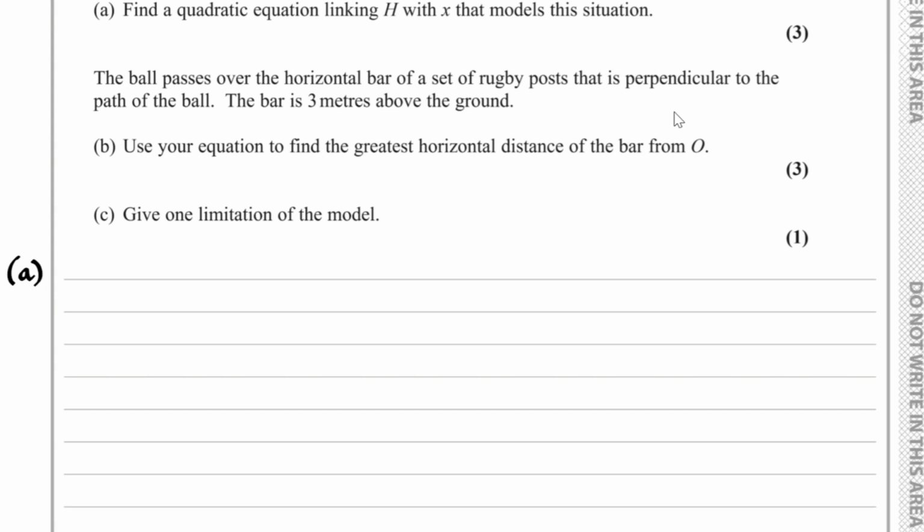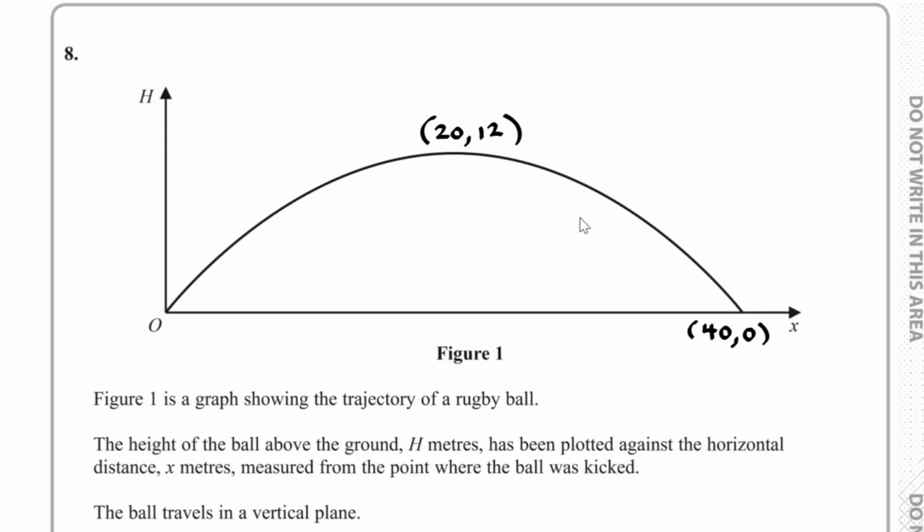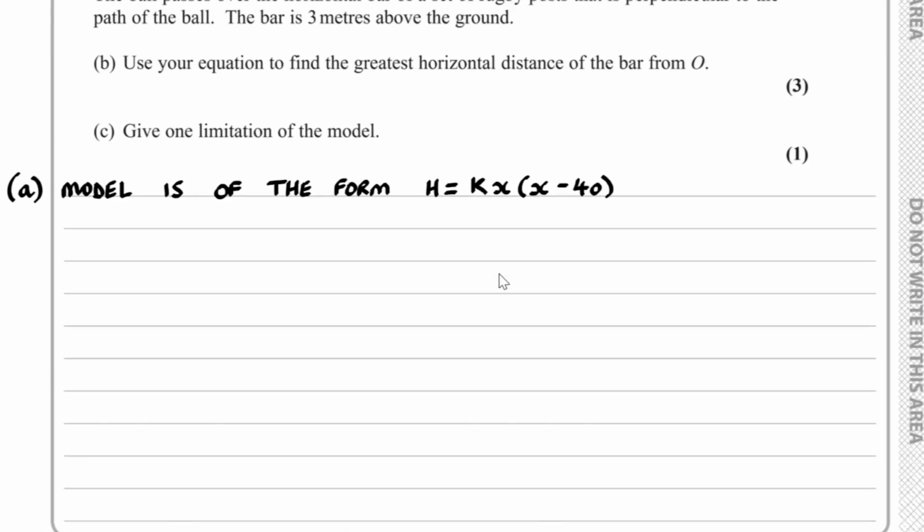for part A, the model is of the form h equals kx times by x minus 40. And we know that when x is 20, h is 12, that's the maximum height. So, when x is equal to 20, h is equal to 12, so I have 12 equals k times by 20 times by 20 minus 40.